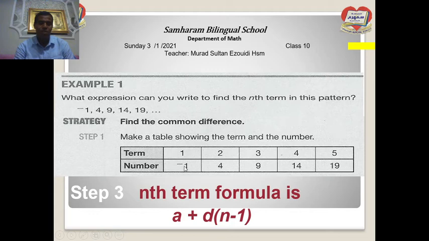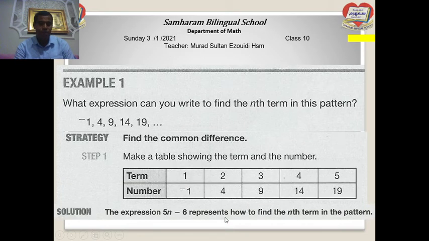So -1 in the first term is a, and the difference between two consecutive numbers, for example 4 and -1, gives 4 minus (-1), which is 5. So d is 5 and n is your nth term. Okay, so then we can say that the expression, or the solution, is 5n minus 6. This represents how to find the nth term in this pattern.